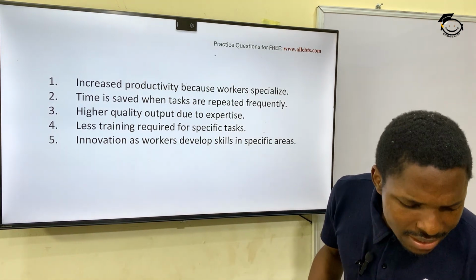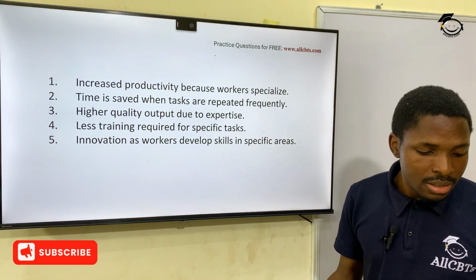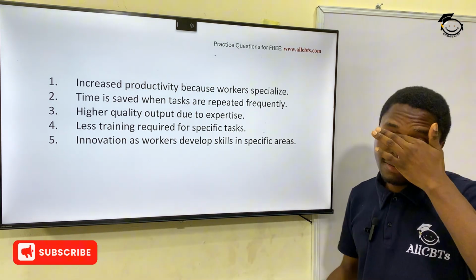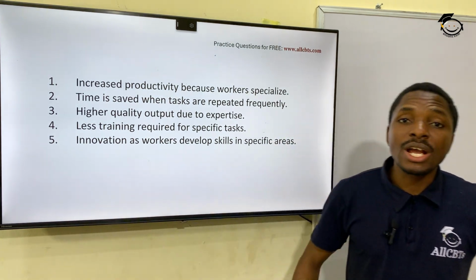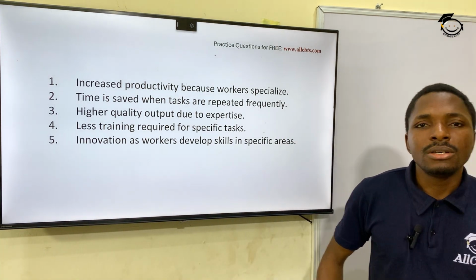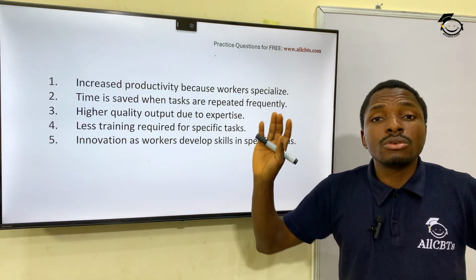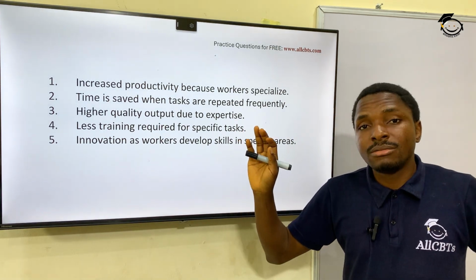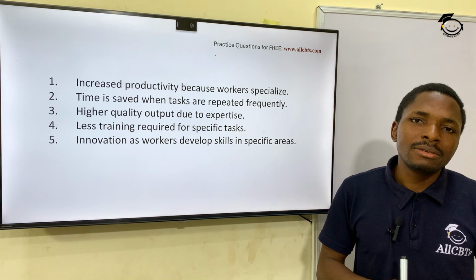Then time is saved when tasks are repeated frequently. Higher quality outputs due to expertise. Because Nwabali, the goalkeeper, is not trying to be the striker at the same time. He gains expertise because he's focused on being a goalkeeper. He's not thinking about scoring. So he becomes an expert in that area.